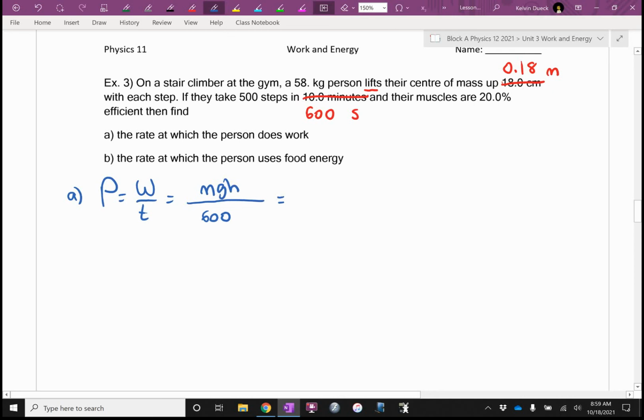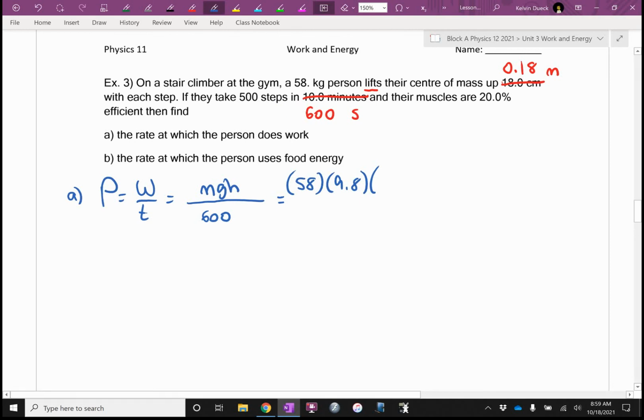What's M? G, 9.8. What's H? I'll give you a hint. It's not 0.18. It's not 500. Steps? We do physics with steps, do we?